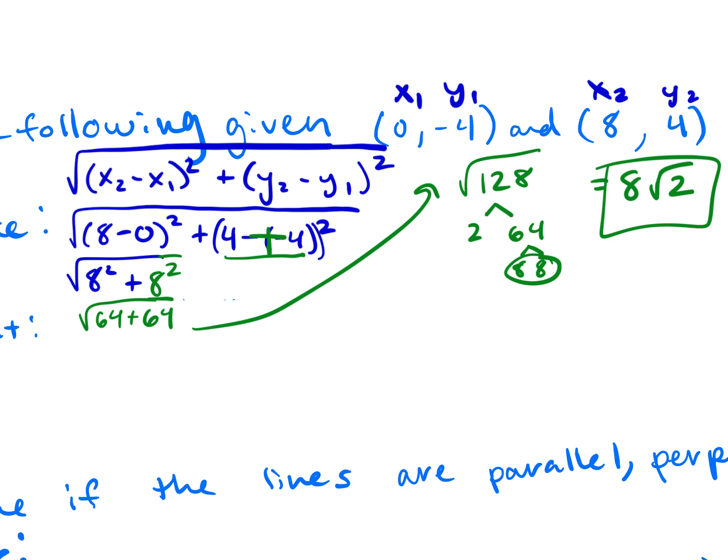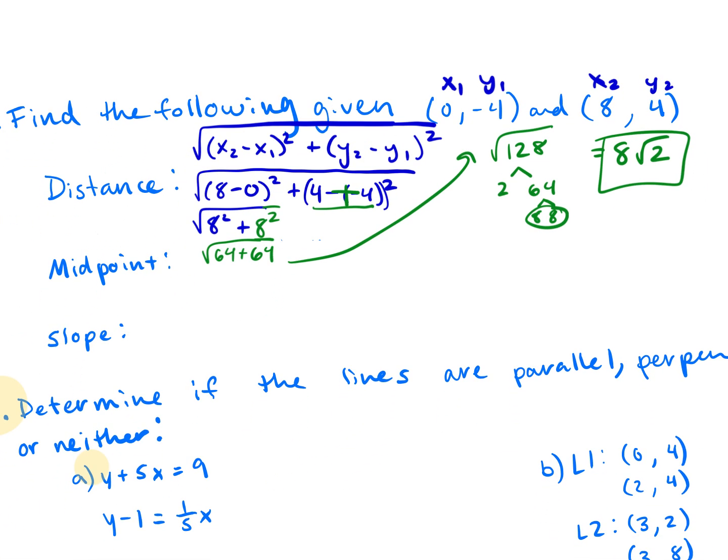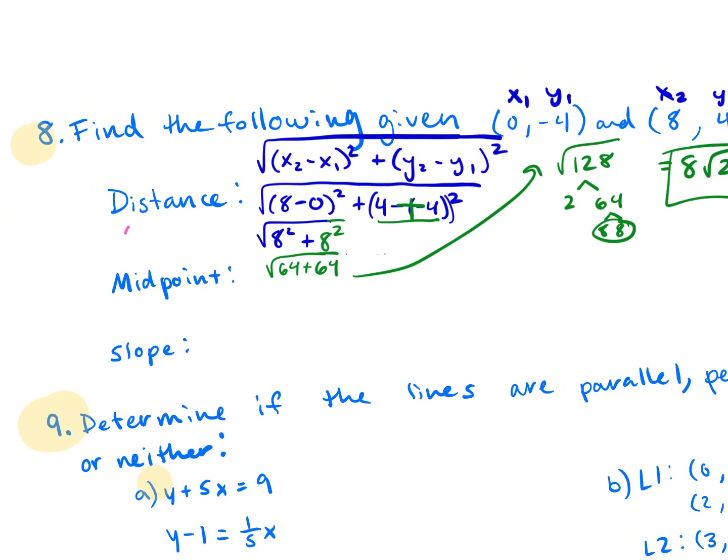Thank you. Any questions here? So for distance formula, you're just plugging it into the formula and simplifying your square root. Make sure you know how to simplify a square root. Next, let's find the midpoint. So our midpoint formula is x1 plus x2 over 2, comma, y1 plus y2 over 2.